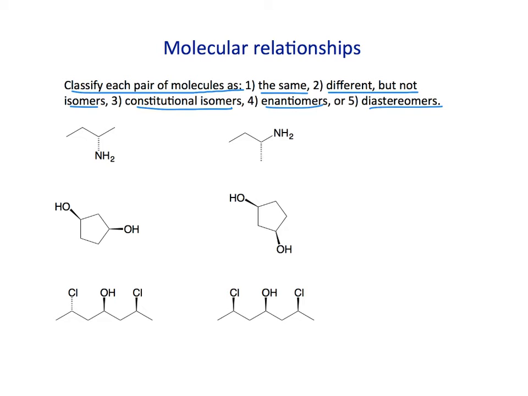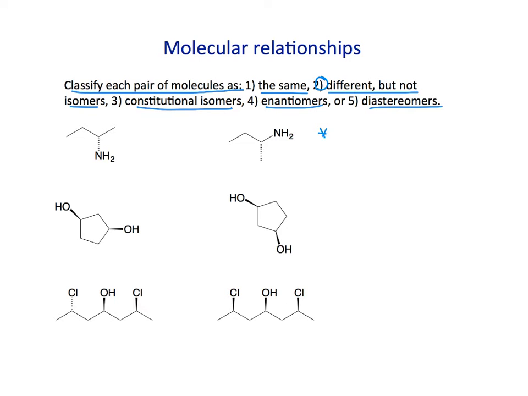Let's look at the first two. The first thing to do is to determine whether those two molecules have the same molecular formula. If they don't have the same molecular formula, they can't be isomers, and they would be, number two, different but not isomers. So what do you think? Those two have the same molecular formula.